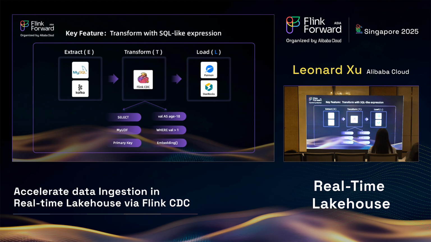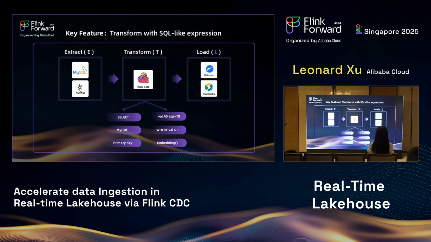You can also define a computed column. For example, if you want to compute the age and subtract 18, you can define a computed column. We offer some built-in functions and also support user-defined functions. And we also support defining the lake table's primary key and bucket key.